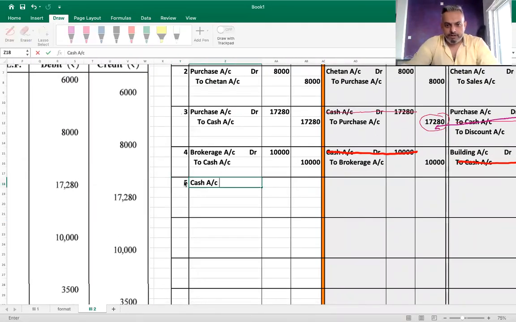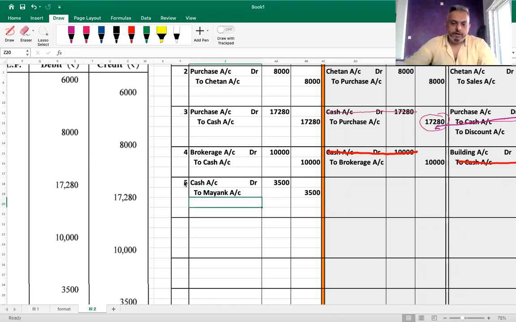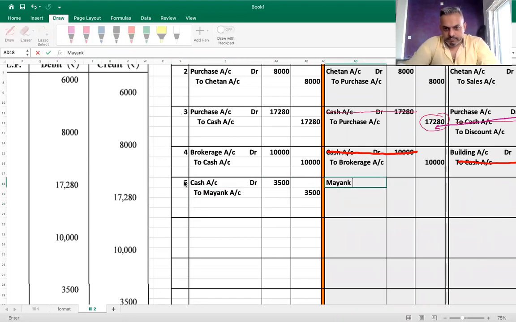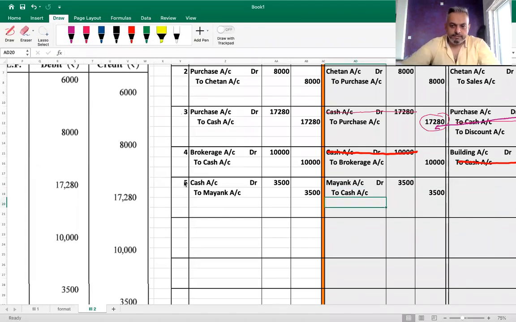Cash account debit 3,500 to Mayank account 3,500. Mayank account debit 3500 to cash account 3500.